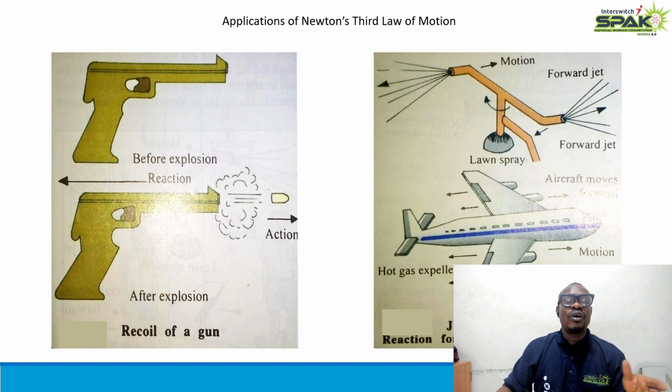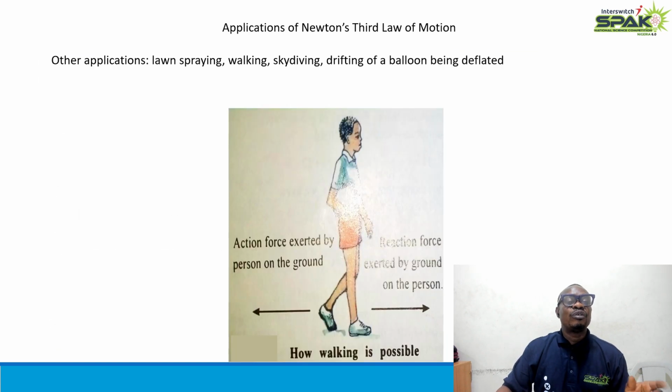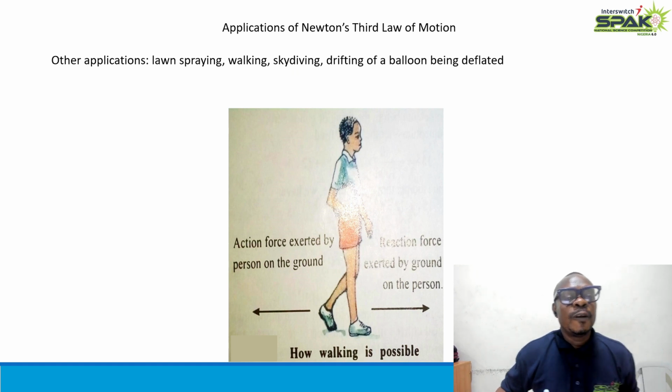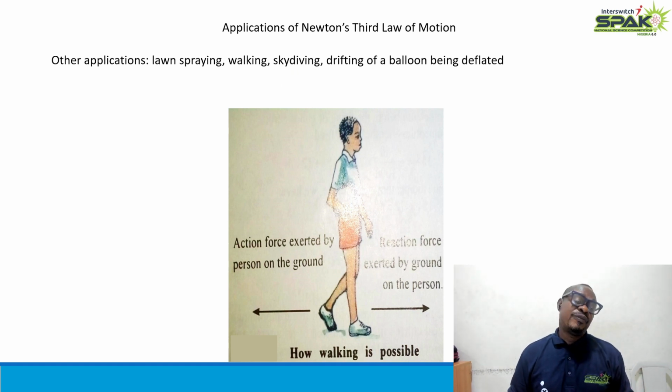So we are going to have the mass of gun, as we have here. The force, the action, the force from the gun is equal to the force which the bullet used in moving out.